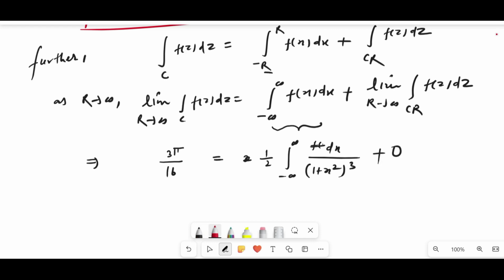So now 2 times 8 is 16, so it will give 3 pi over 8 is the integral from negative infinity to infinity of dx over 1 plus x square to the whole power 3.